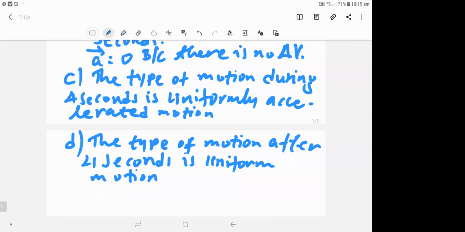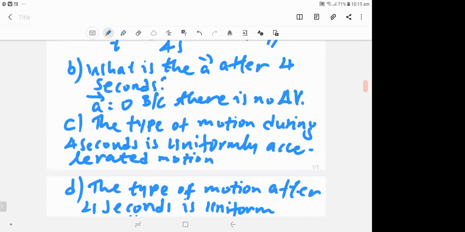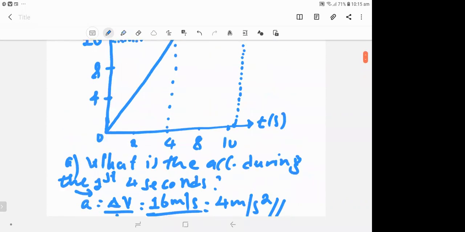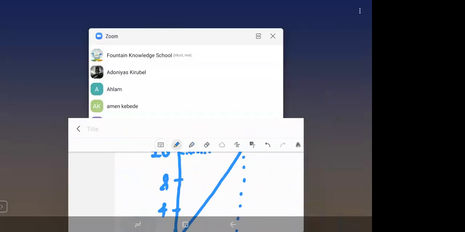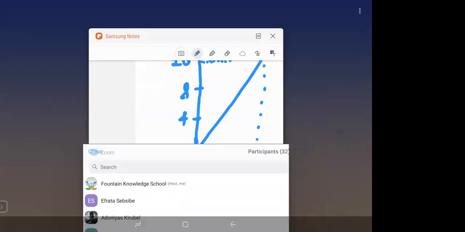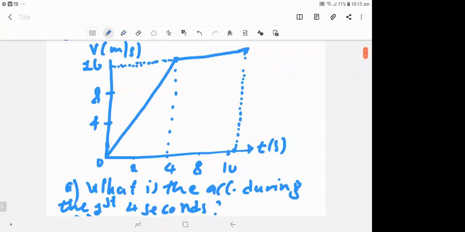Another question: how far does the body move in 4 seconds? Do you know what 'how far' means?